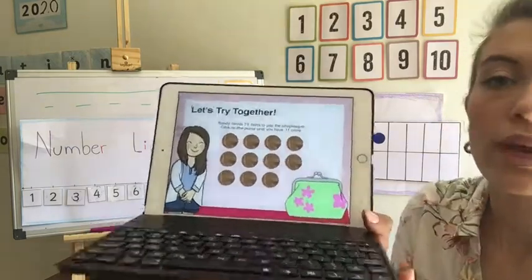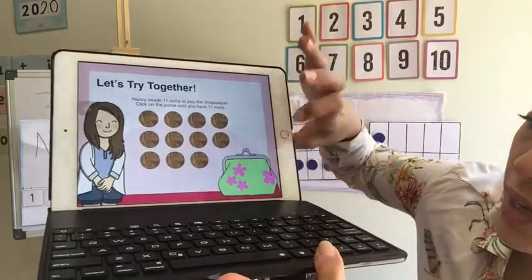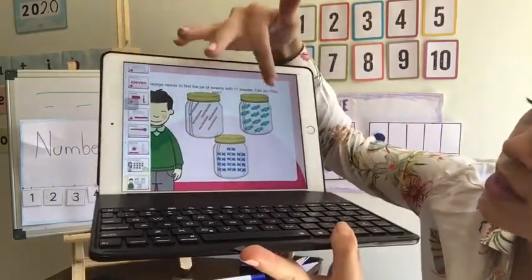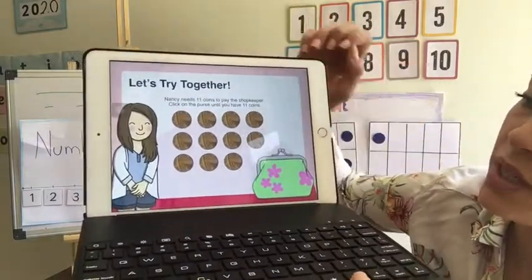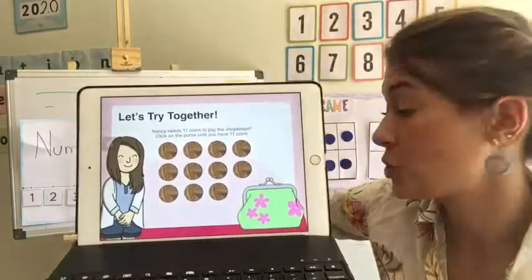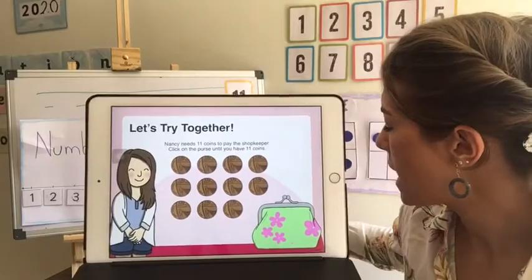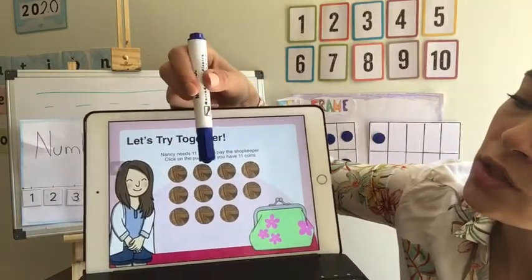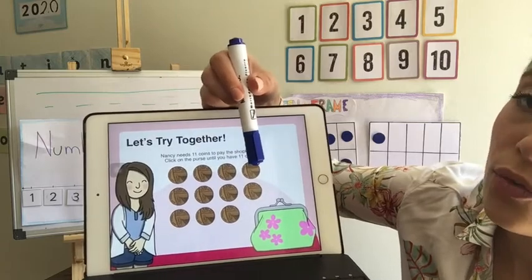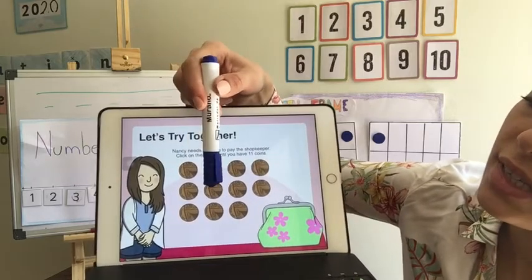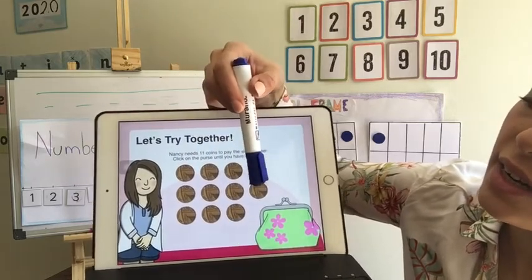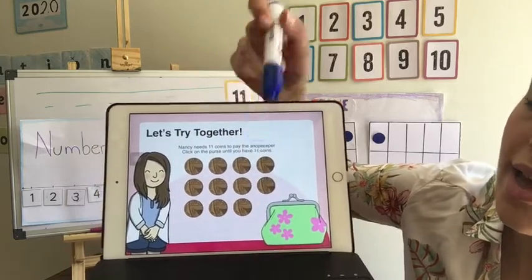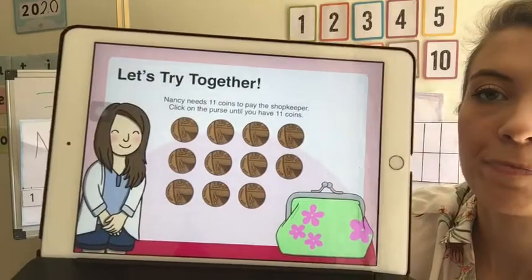Well, I'm going to try to click here, but I don't think it's going to work because my iPad is a bit different. But we are going to count together how many coins we can find over here. 1, 2, 3, 4, 5, 6, 7, 8, 9, 10, 11. 11. Good job.